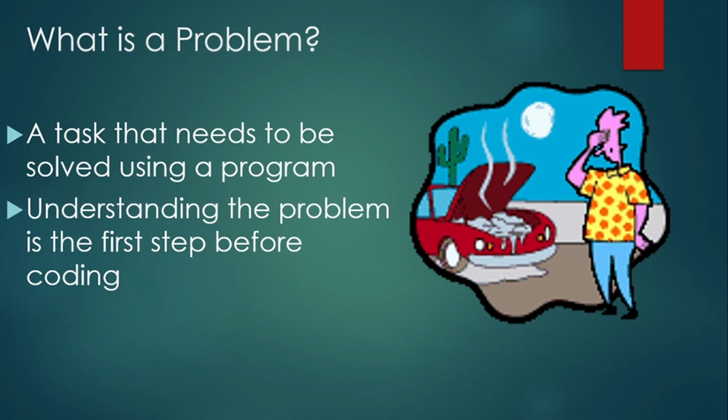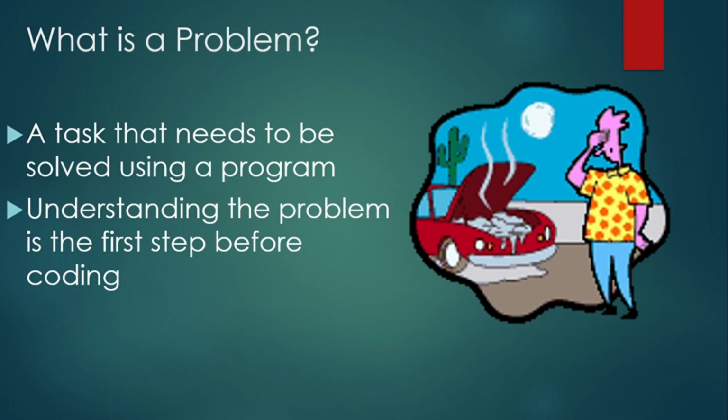For example, you need to calculate the average marks of a student in a class. You want to create a program to check whether a number is even or odd. Or you want to design software to manage a company's employee records. So remember, before writing any code, the first and the most important step is to understand the problem clearly and completely.